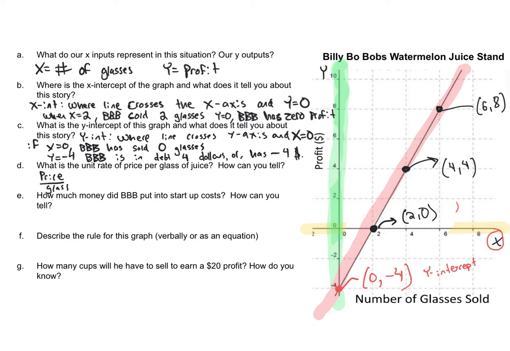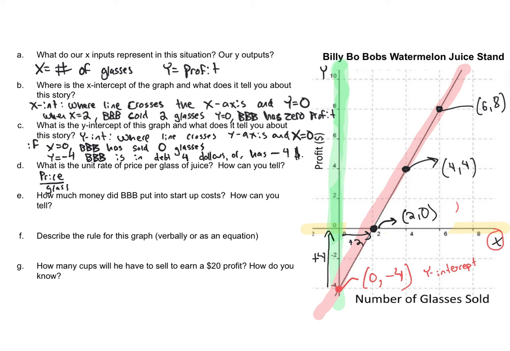So we can think of all of these numbers as the price per glass. Let's think about this. So if in 0 cups he was -$4, but it only took 2 cups to break even, that means that when x increased by 2, y increased by 4.